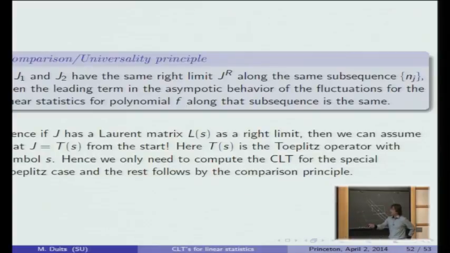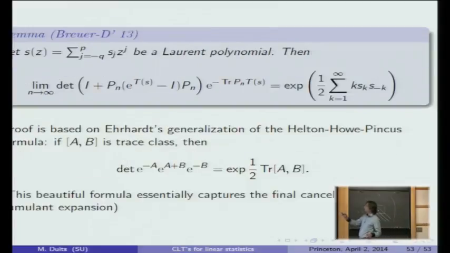For the concentration inequality, I need this to be symmetric, but this also holds for the biorthogonal case. So now we need to prove a theorem on Toeplitz operators, banded Toeplitz operators actually.